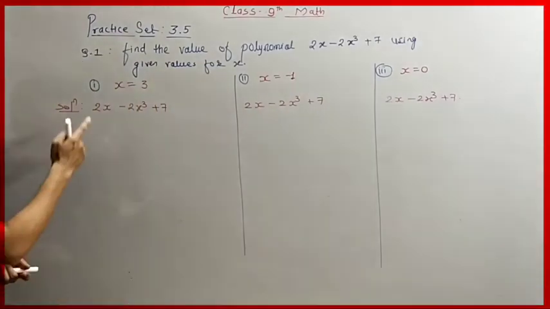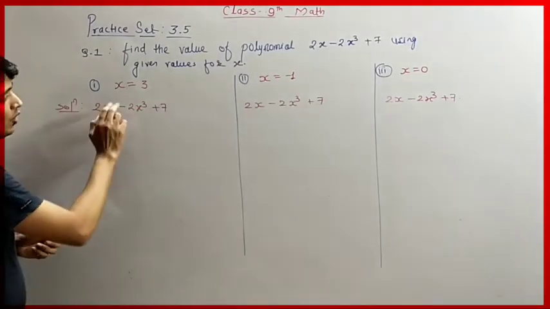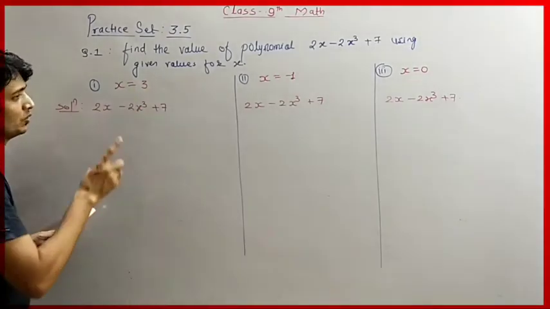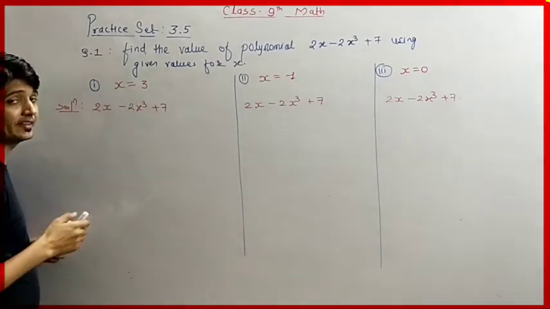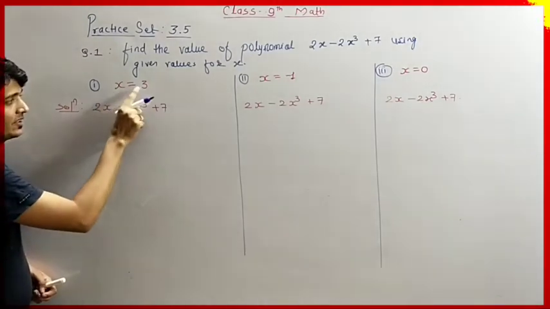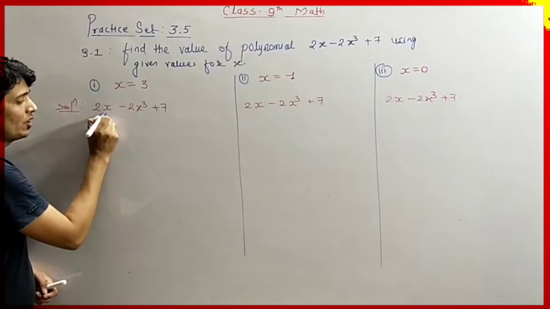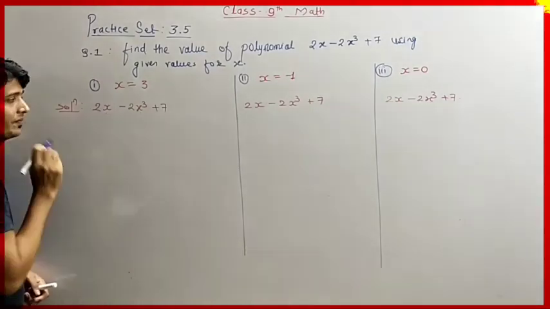First we are going to solve for x equals 3. The polynomial is 2x minus 2x cube plus 7. Since x equals 3, instead of x we have to write 3.